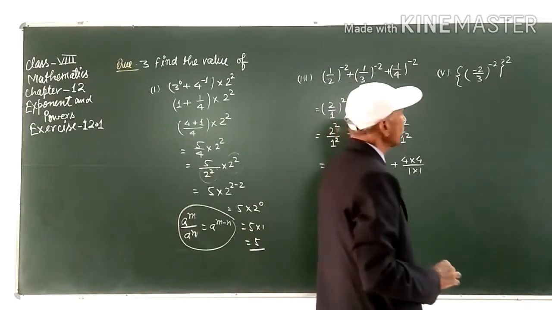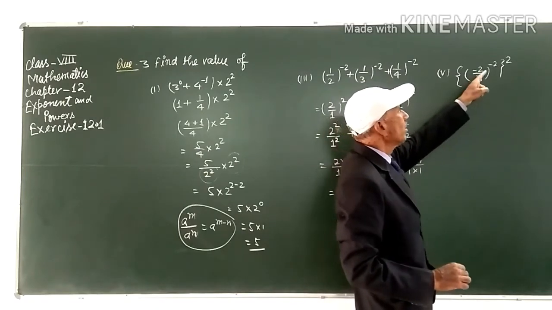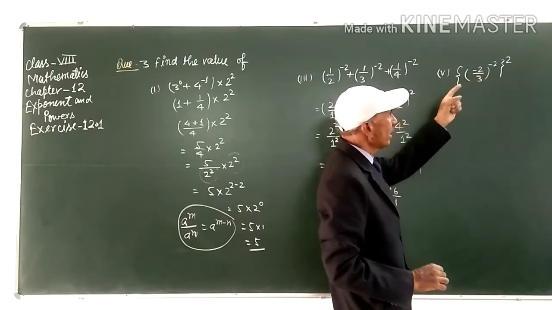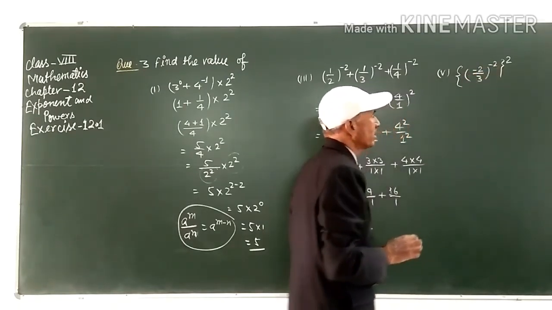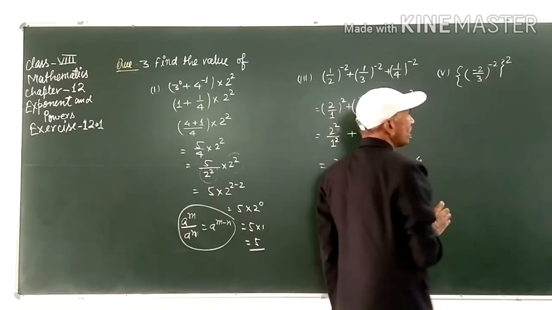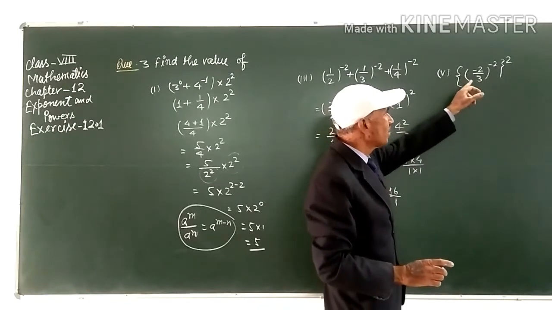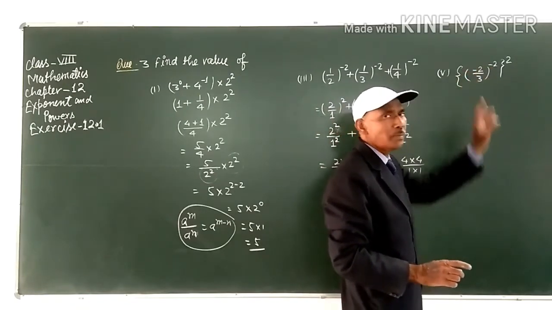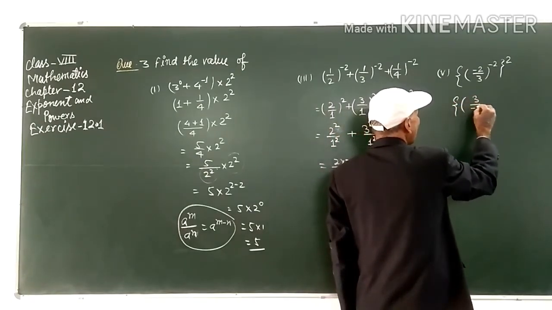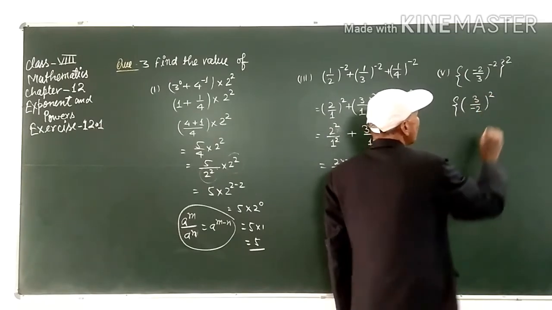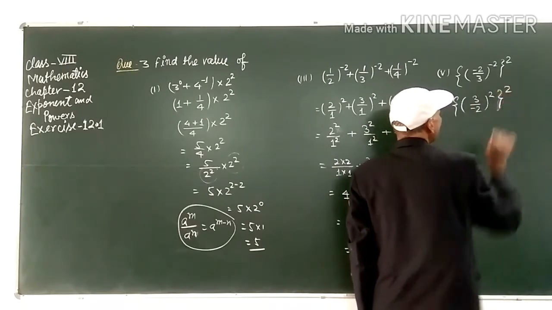And the fifth part of this question, that is minus 2/3 to the power minus 2 and whole power 2. So first of all we have to change this to a positive exponent, students. First we will change it into positive exponents, and we have to write the multiplicative inverse of this number to make the exponent positive. So it will be 3/-2 to the power 2 and whole power 2.